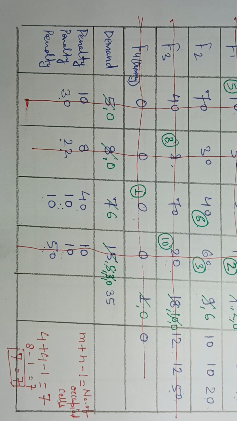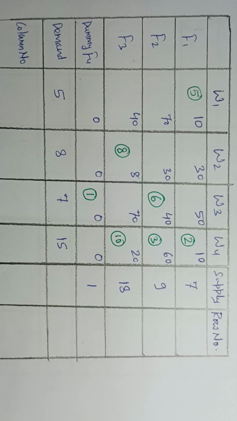So we will see how we get the optimal solution with the help of the MODI method. This is the table or matrix we got in the initial basic feasible solution, and this table shows the allocations of the different units in occupied cells. The green mark shows the occupied cells. Considering the occupied cells, we will calculate the row numbers and column numbers.